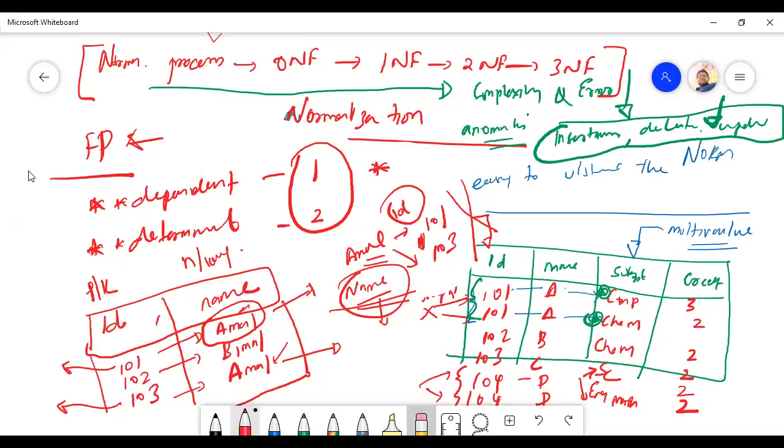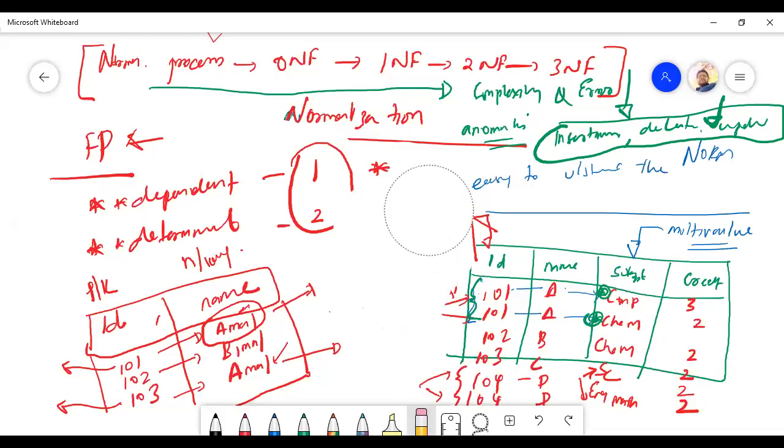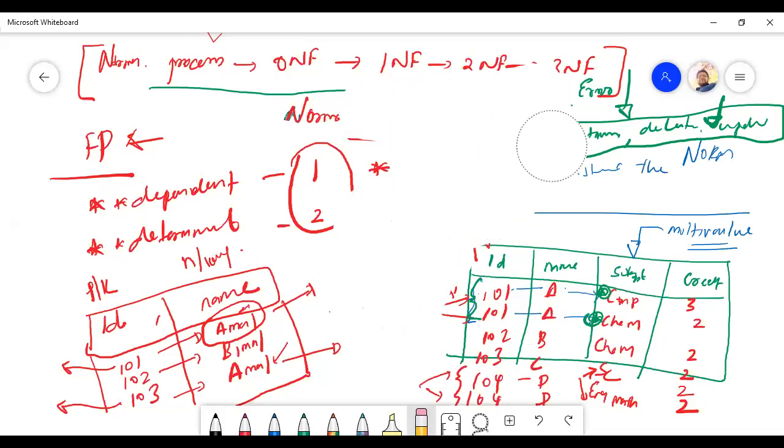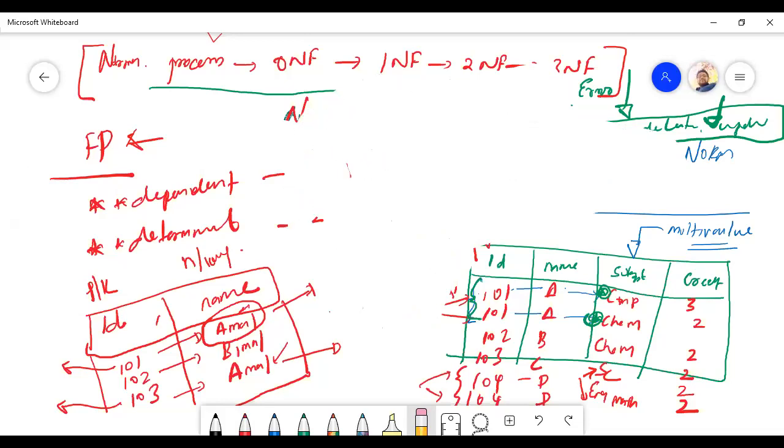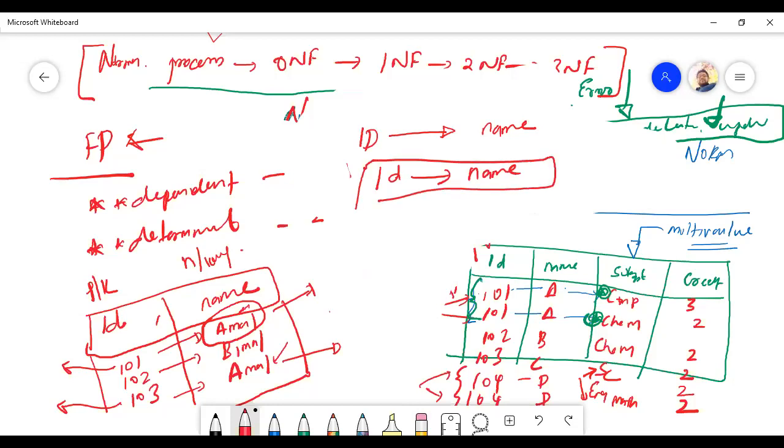Now we can simply write like this: the ID uniquely identifies the name. This is our case.